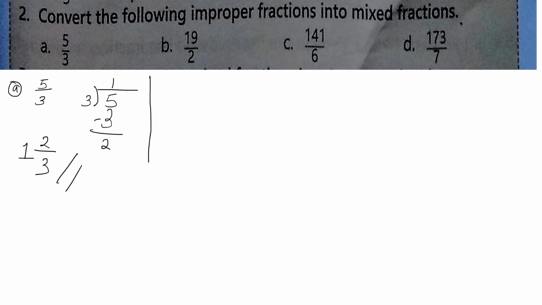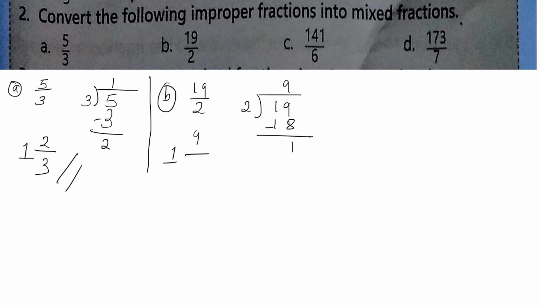Now number B, 19 by 2. So you divide it. 2 9s are 18, minus 1. Okay, sorry. 9 whole 1 by 2.